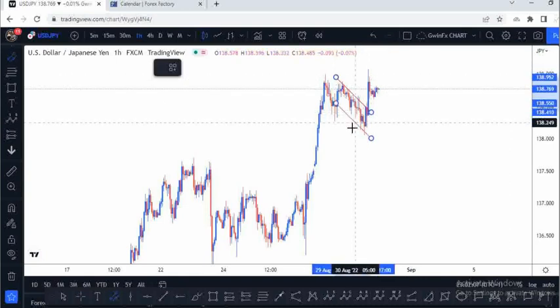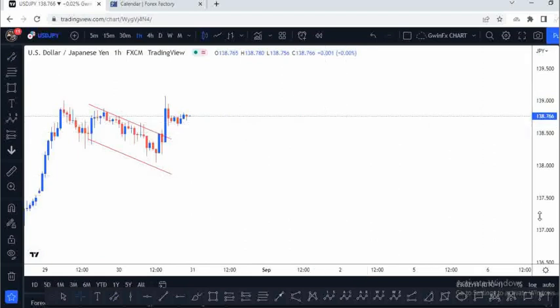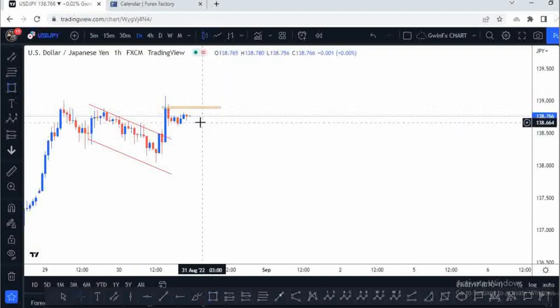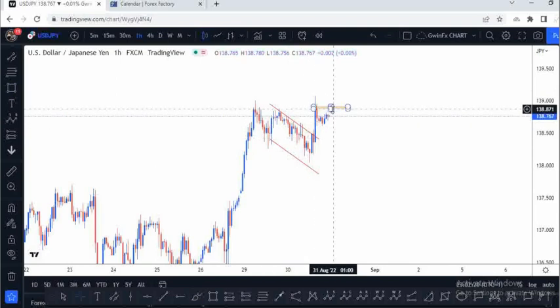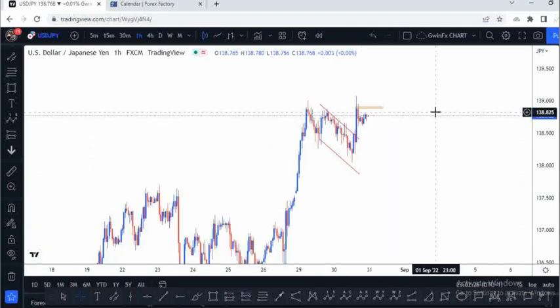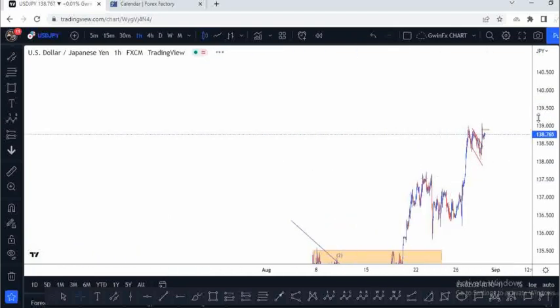Having broken out of this bullish flag and made a push to the upside here, unless price hits the zone and reacts around the zone during the Asian session. If price hits and reacts off the zone in the Asian session, there might be a great chance that price could continue further downside. But anything other than that, we might actually be seeing price move into 139 and also beyond one more time, after that breakout.